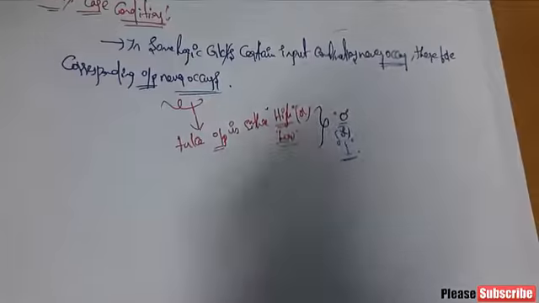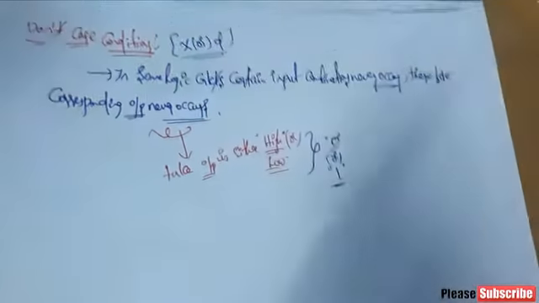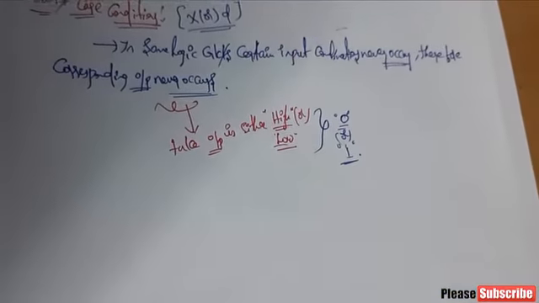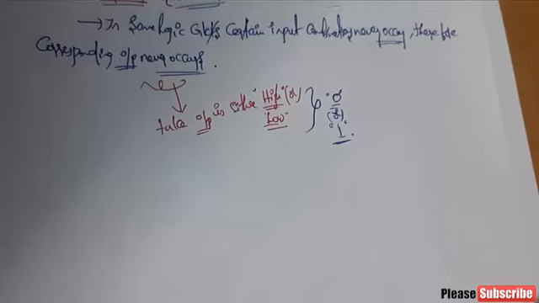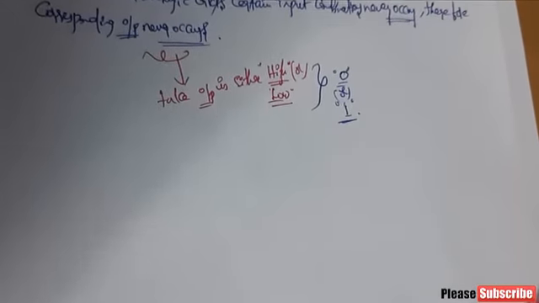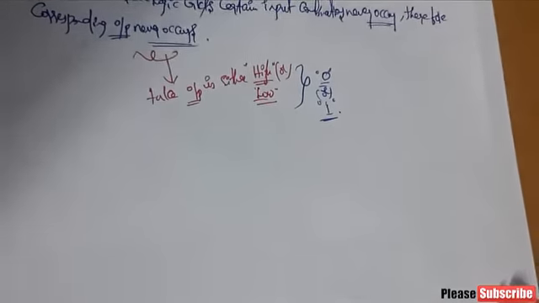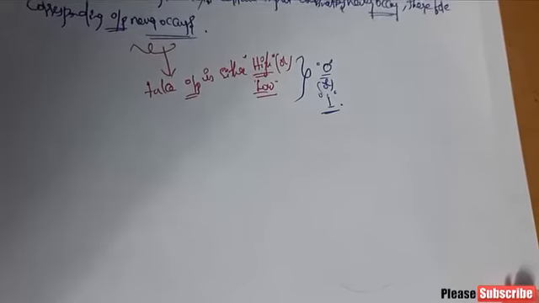This don't care condition is represented by a cross, X, or D. A circuit designer is free to make the output for any don't care condition either 0 or 1.